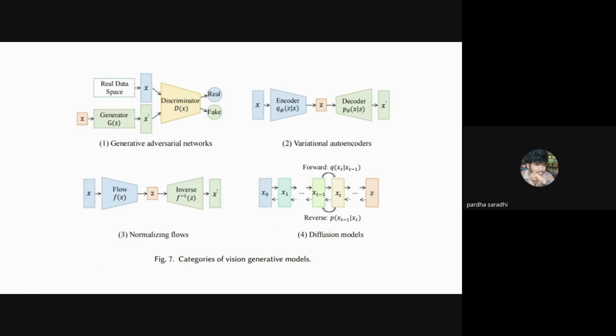Okay, yeah, here we are. This is about vision generator models, and how exactly they work. Okay, we will see. This figure categorizes vision generative models into four types: GANs, variational autoencoders, normalizing flows, and diffusion models.